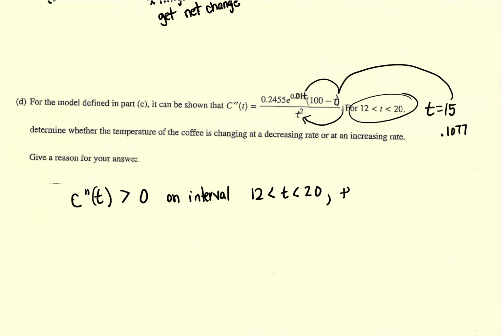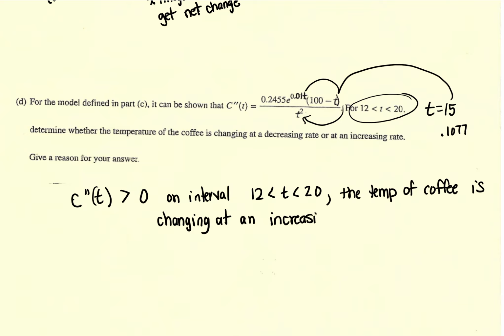So therefore, the temperature of the coffee is changing at an increasing rate. Do you notice that I'm using the words from the question? I'm going back up here and I'm seeing determine whether the coffee is changing at a decreasing or increasing rate.